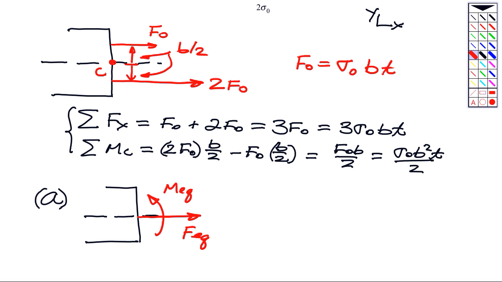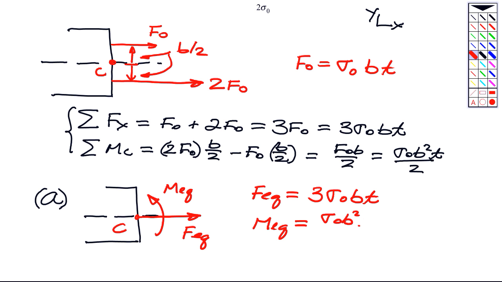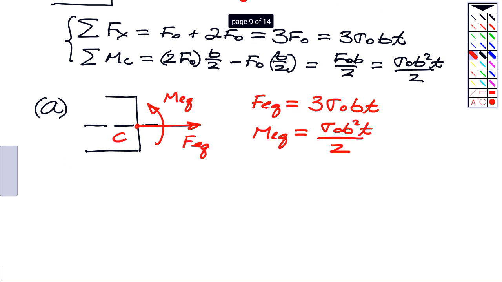It's easy to see that the equivalent force must be none other than that total resultant force of 3 sigma naught b t, and the equivalent couple, being placed at C, would be M C, so that's sigma naught b squared t divided by 2. So that's what the force and couple are at the center point.